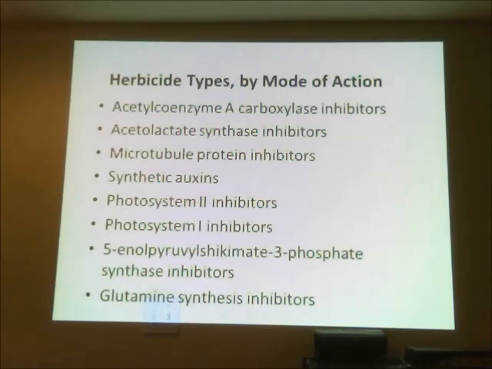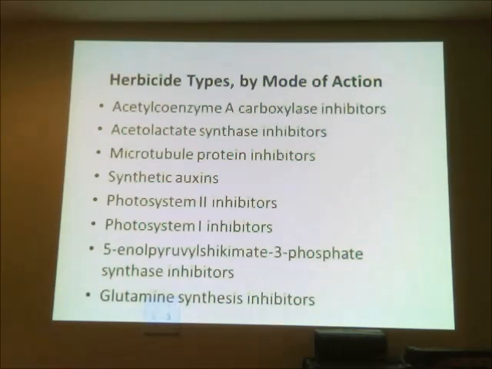In this case, these photosystem 2 inhibitors, photosystem 2 is actually the first, even though it's called photosystem 2. It just has to do with the way that these things were developed. But this is the initial photosystem where chlorophyll gets excited, becomes electronically excited.